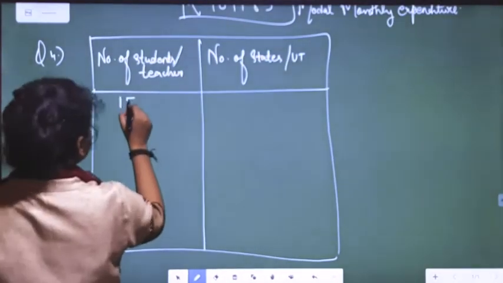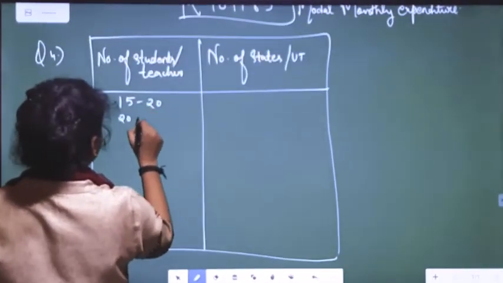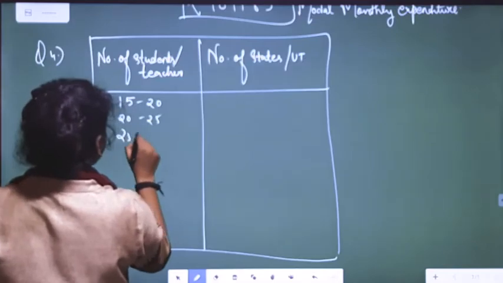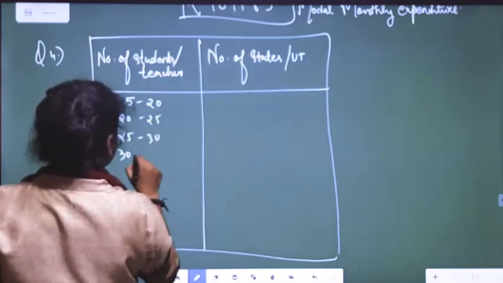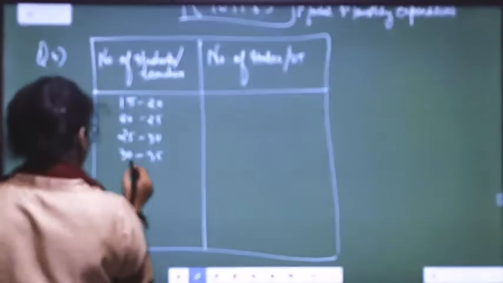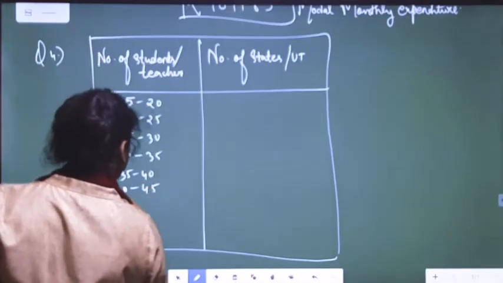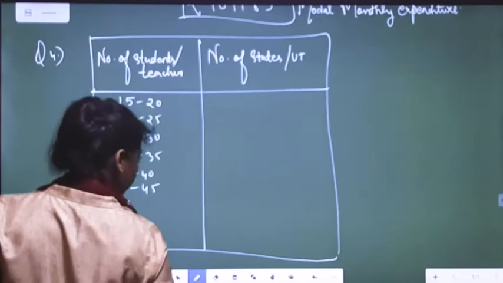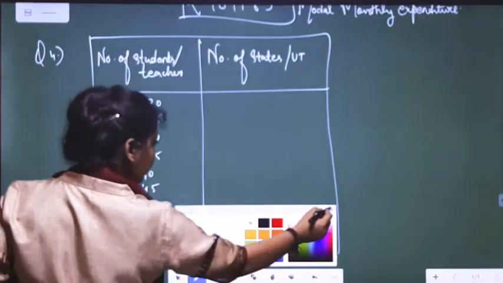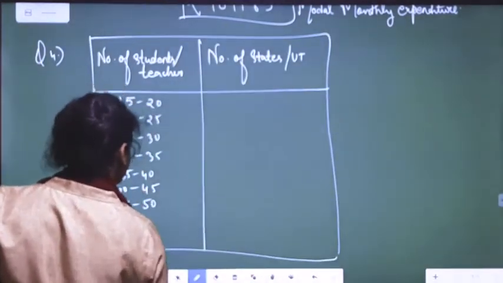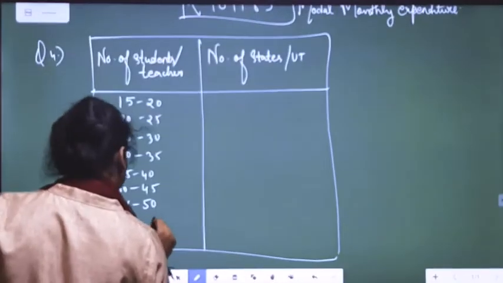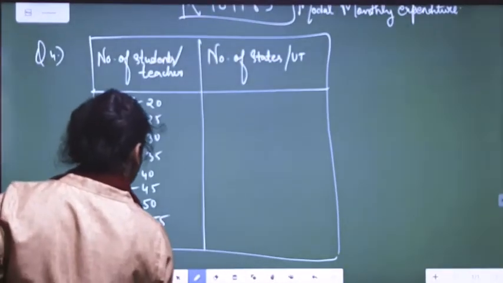15 to 20, 20 to 25, 25 to 30, 30 to 35, 35 to 40, 40 to 45, 45 to 50, 50 to 55 is the last value here.